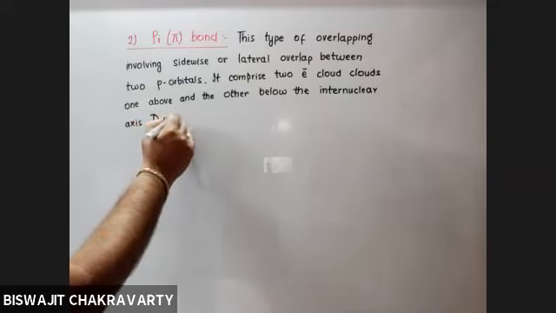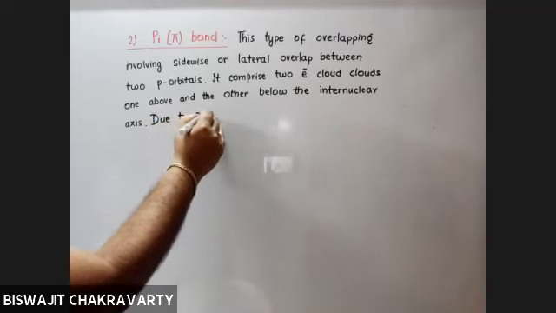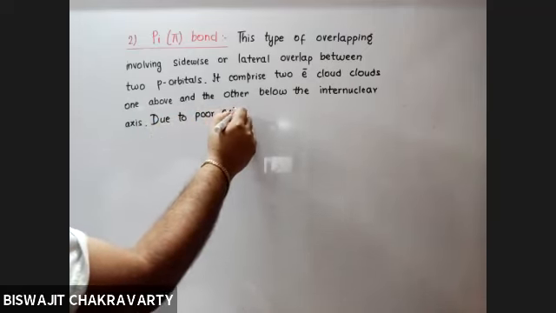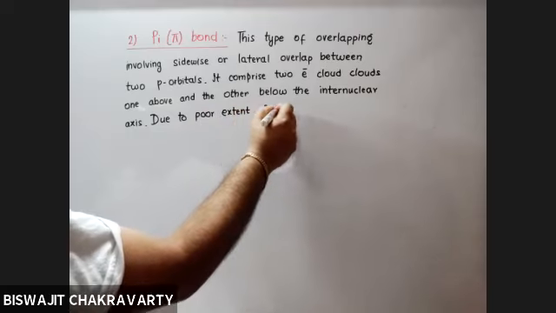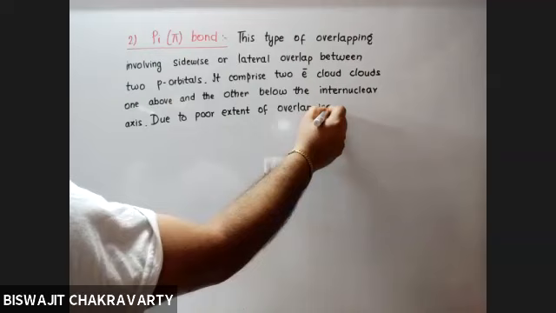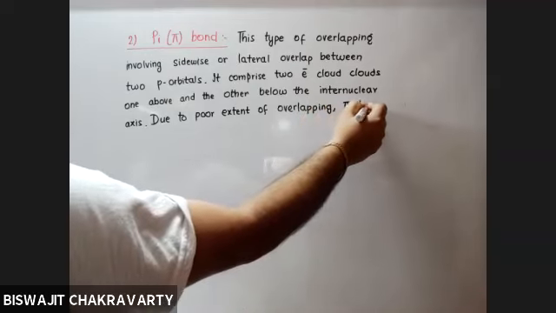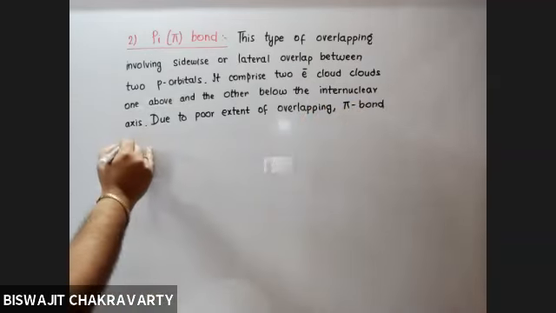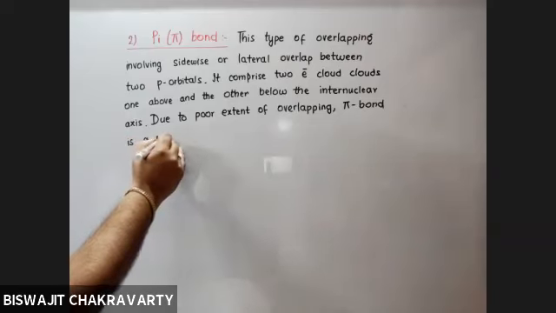Due to poor extent of overlapping, pi bond is a weaker bond.